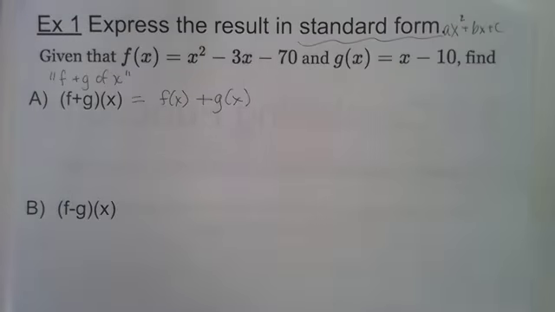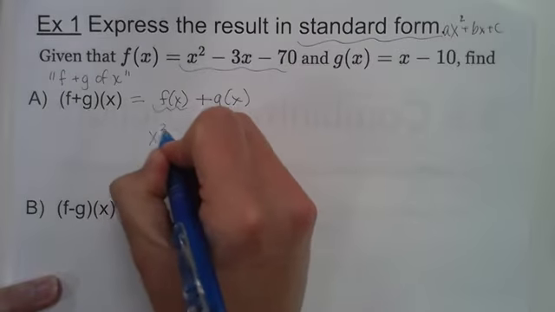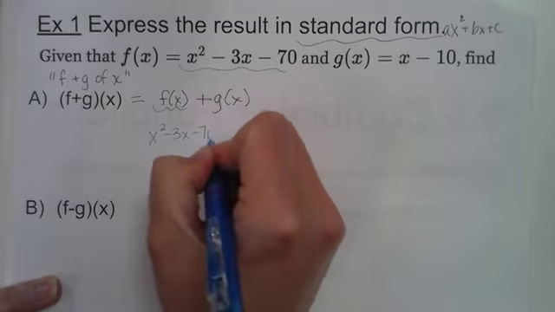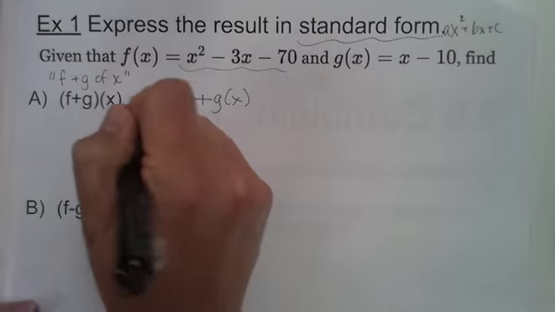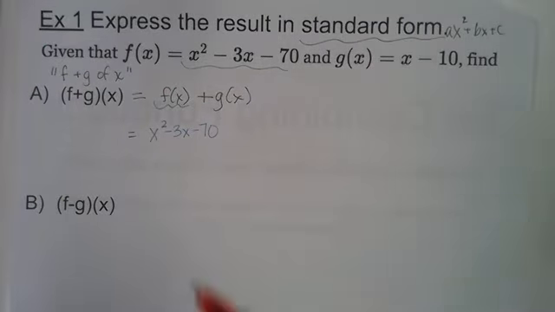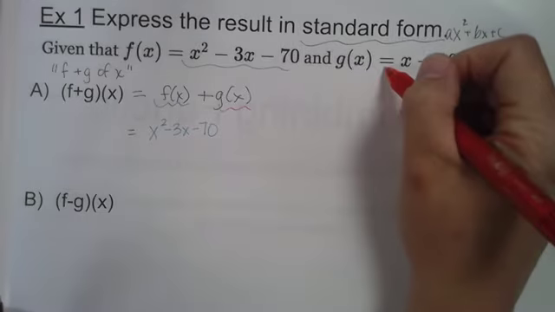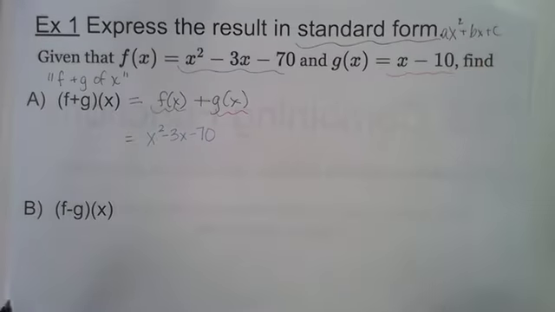What can I replace f of x with? Yeah, x squared minus 3x minus 70. And then what can I replace g of x with? Yeah, because g of x is the same as x minus 10.